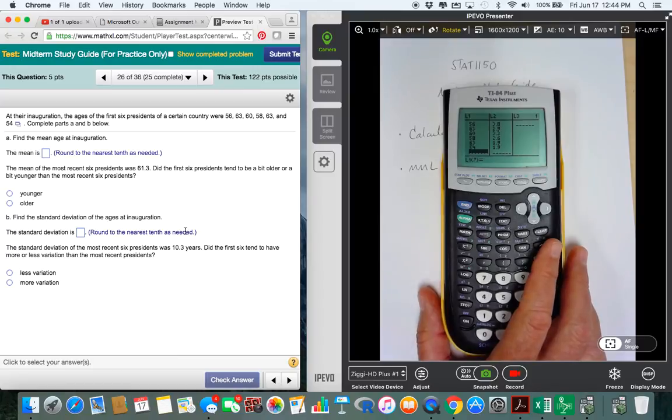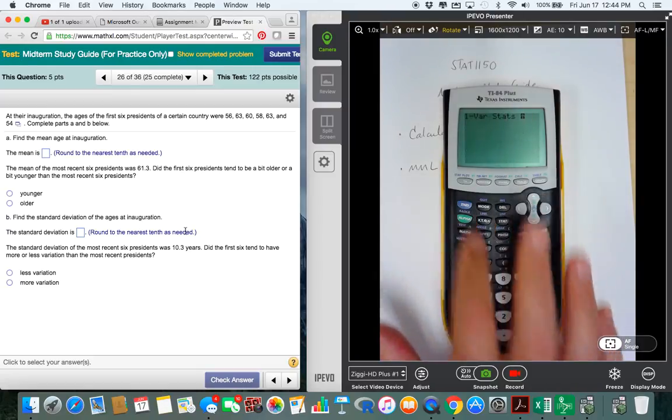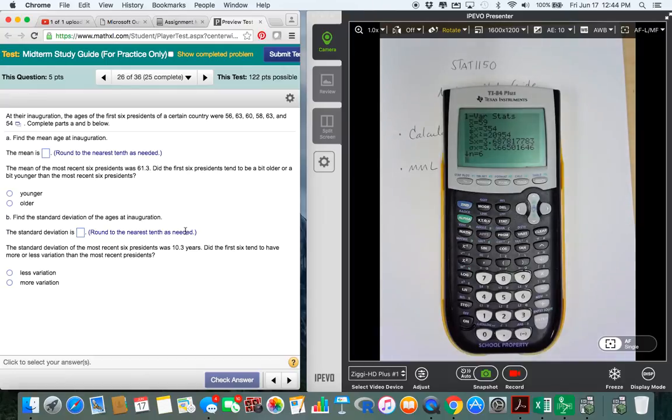So the first thing we want is the mean. So I'm going to go ahead and just do calculate, and I put everything in L1, so let's go there. So the mean here is 59. Round to the nearest tenth, so I guess that means it wants us to do 59.0.